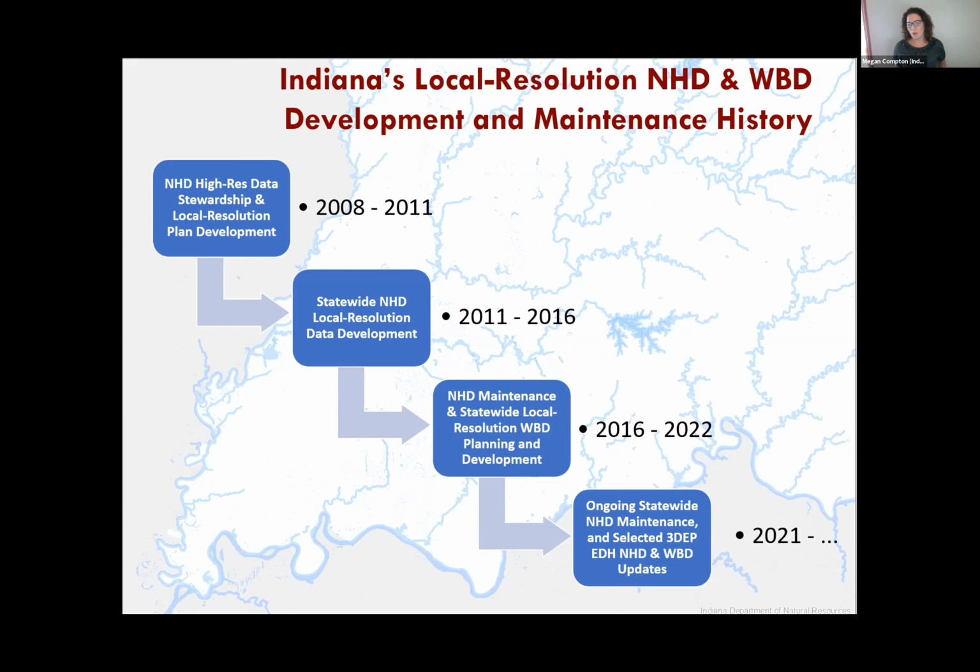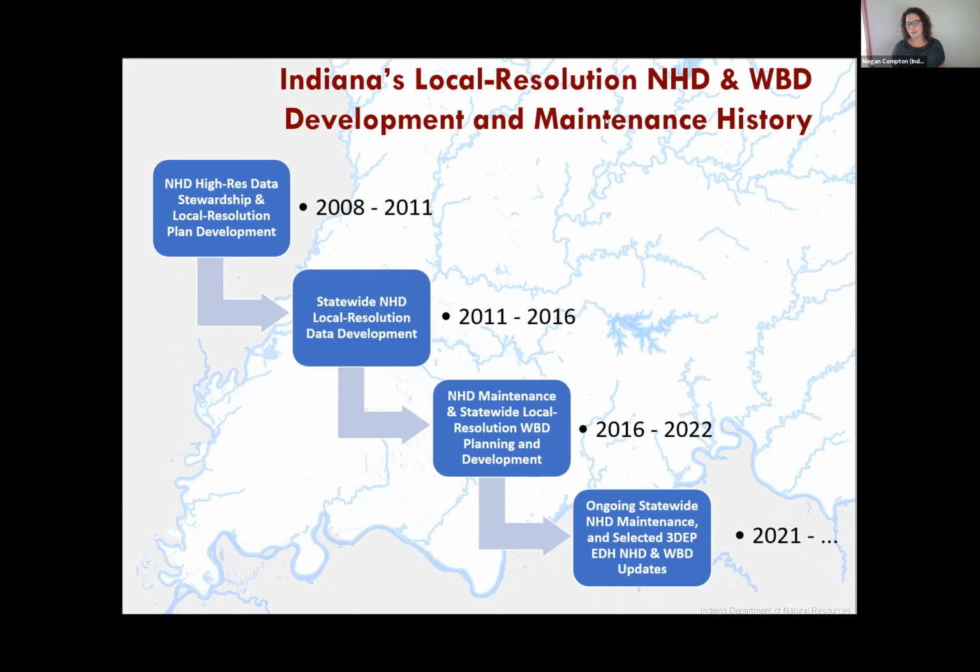So from 2009 to 2011, we moved into the existing high resolution NHD maintenance. And in 2010, USGS was able to provide the 3-day NHD conflation and the QA/QC training. And then also in 2010, the GIO and IGIC were able to select AECOM as the local resolution NHD RFP awardee.